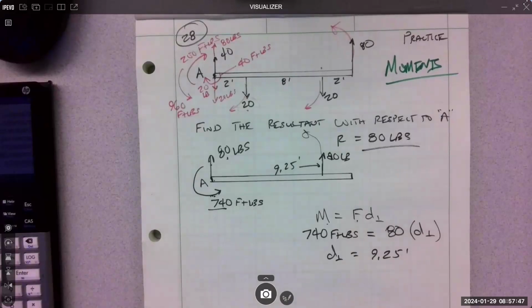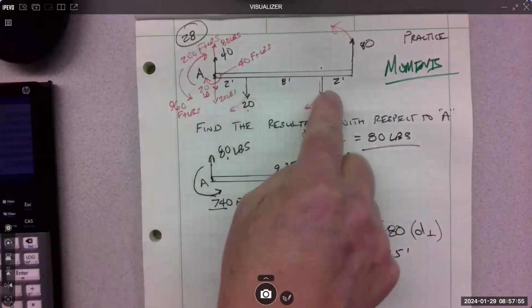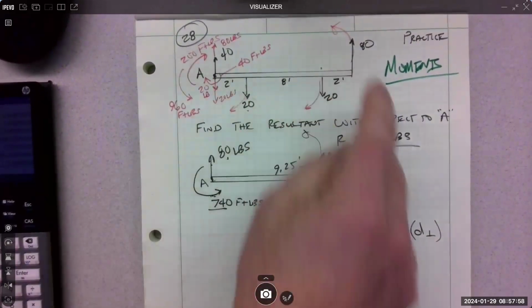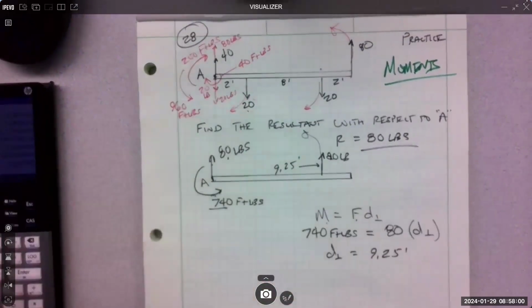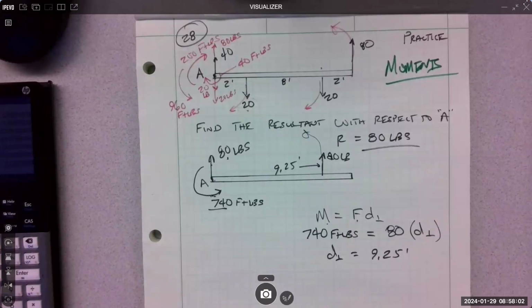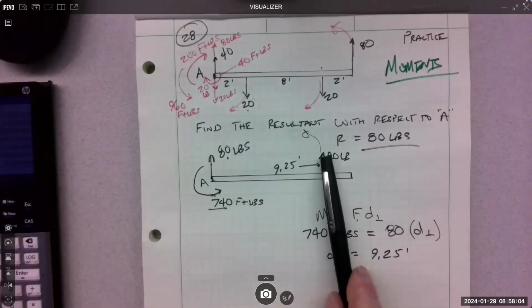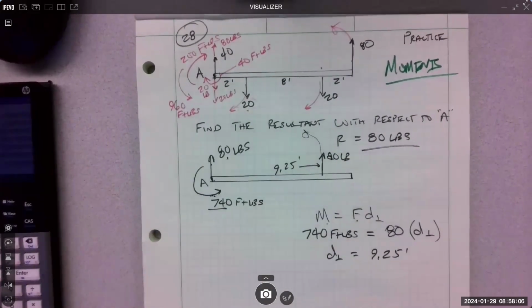But we can get resultants that are actually off of the beam because it is just an effect. It's the resultant effect. These are the vectors on the system, and this is just what the system is feeling. So when we put it out here, 80 pounds, then we know exactly where the resultant is.